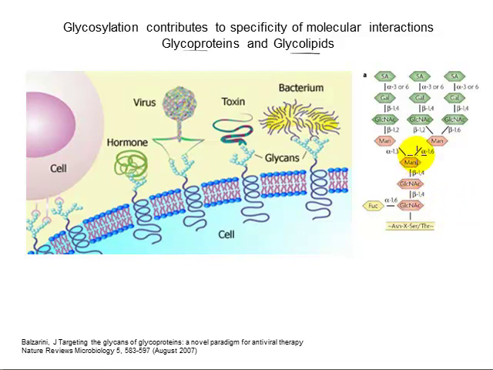Each of these represents a monosaccharide, but notice that there are several different specific sugars represented here. Down here at the bottom in yellow is represented the amino acids in a protein that this branched carbohydrate network has been added onto. And in terms of sugars, we see fucose, GlcNAc, which stands for N-acetylglucosamine, mannose, more GlcNAc, galactose, and sialic acid.